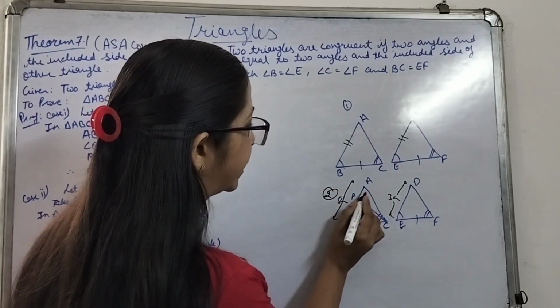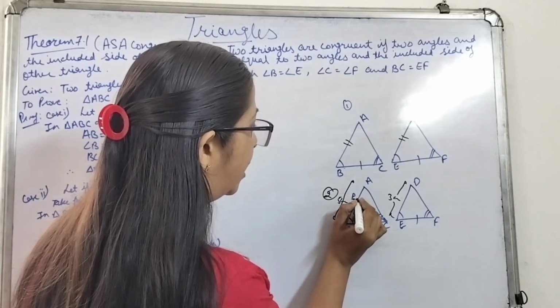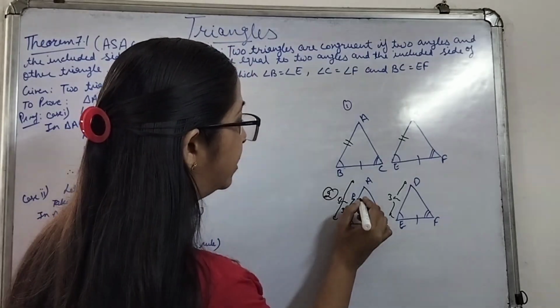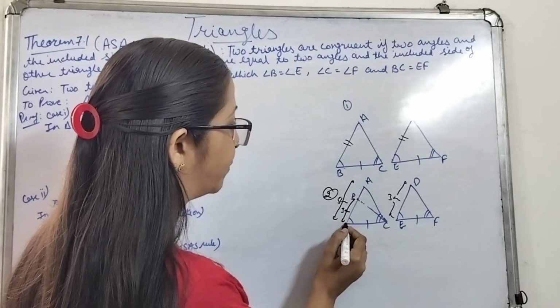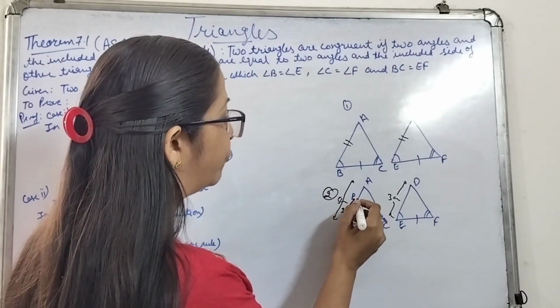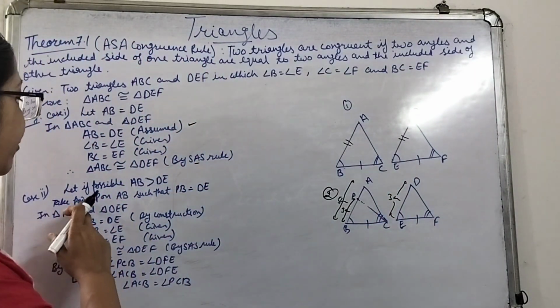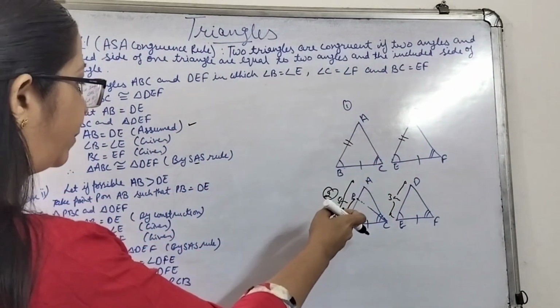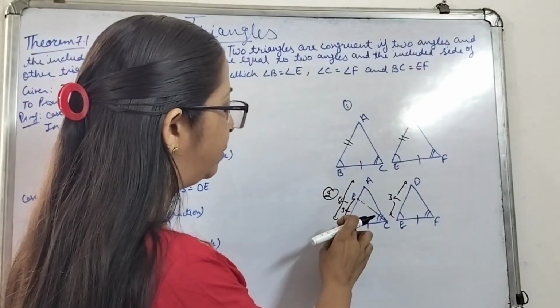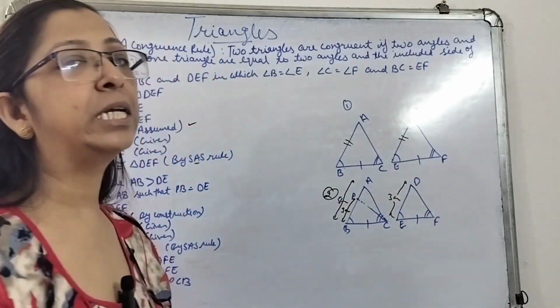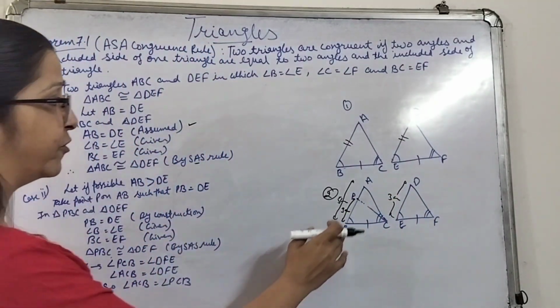In that case, somewhere here there will be a point at 3 centimeter from point B, that is point P, which is equivalent to side DE. So we have taken a point P on AB such that PB is equivalent to DE.